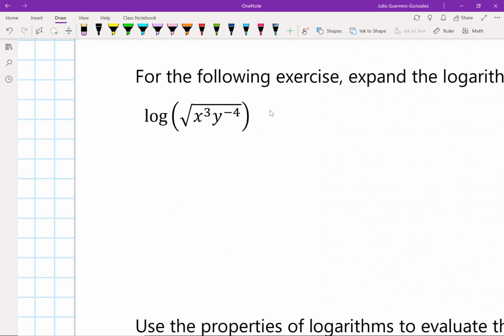So now this is equal to log of what? Log of x to the 1/3.